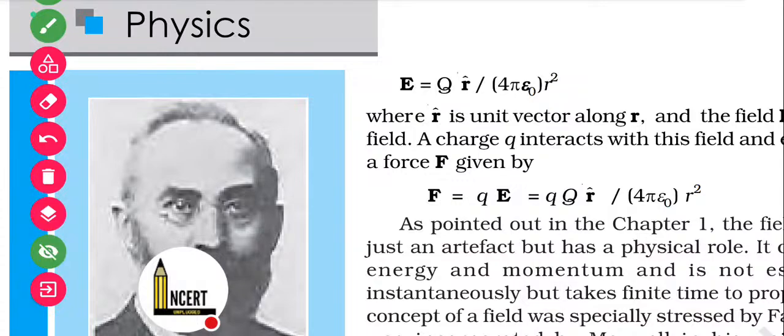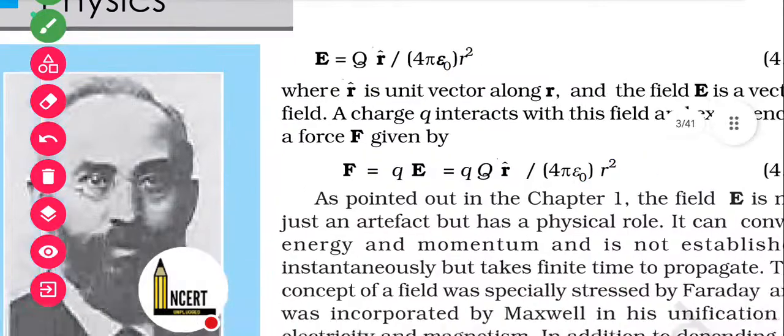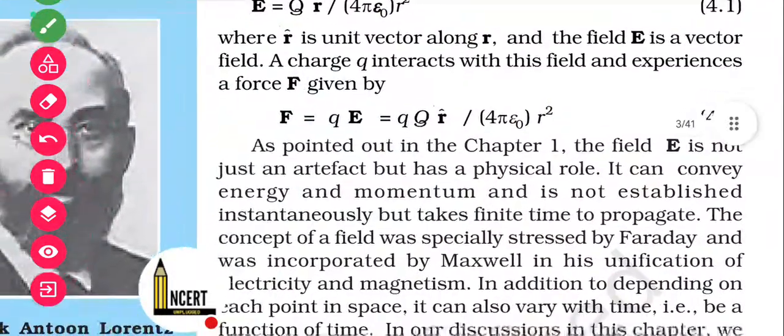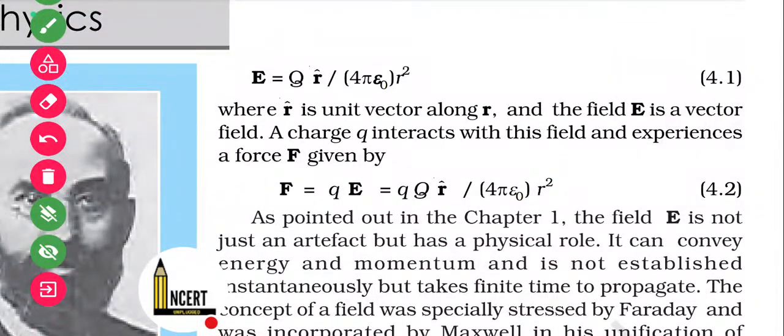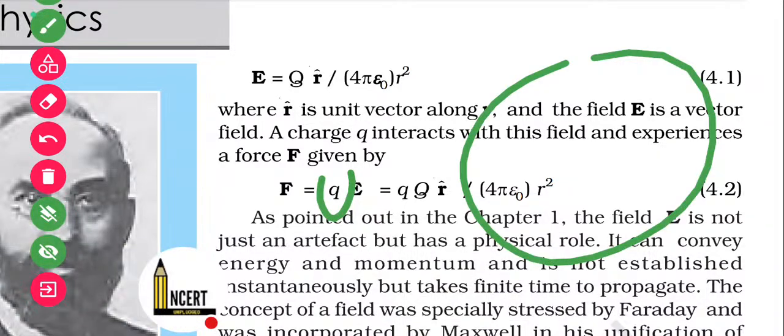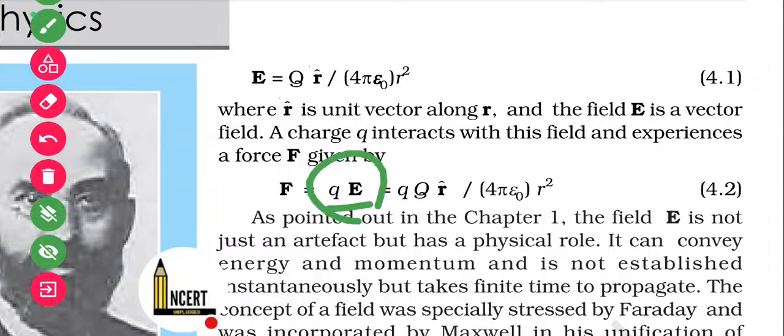We have already discussed this in the first chapter. Now if a charge of magnitude small q comes in this field, it will experience a force. And how much is the force? It is the charge times the electric field.